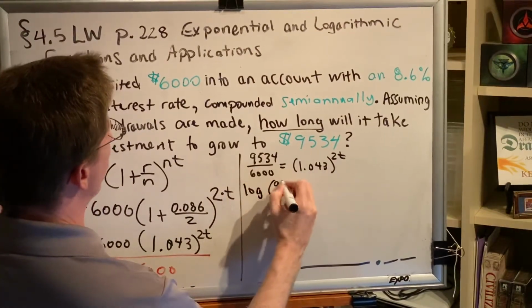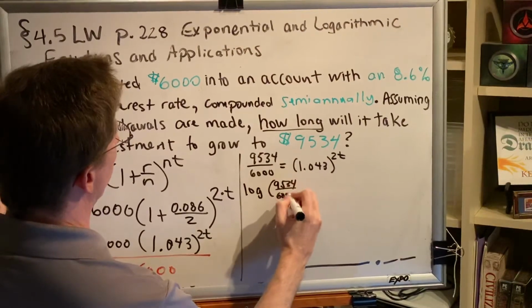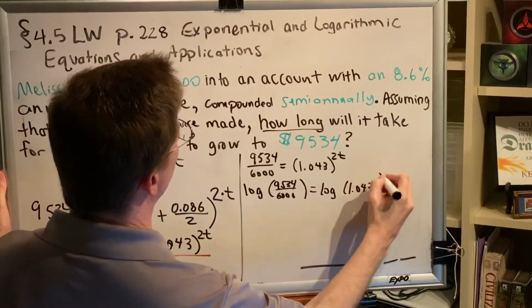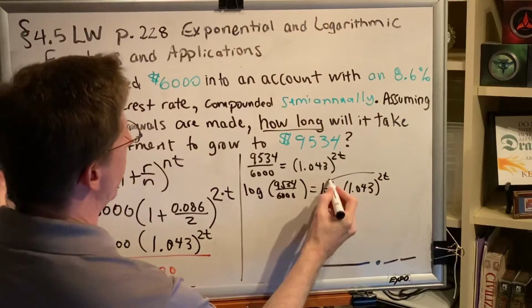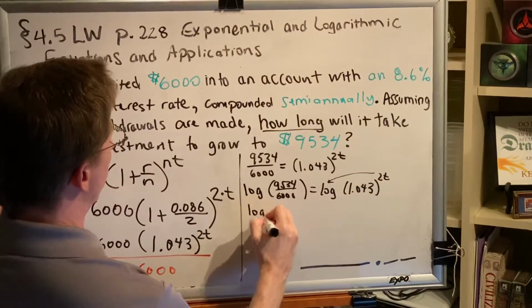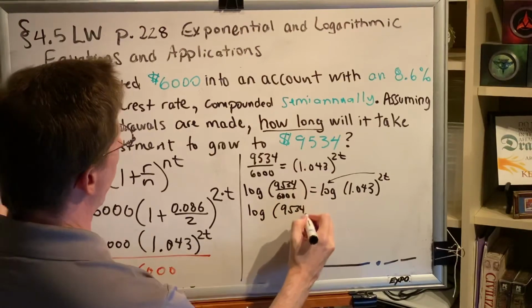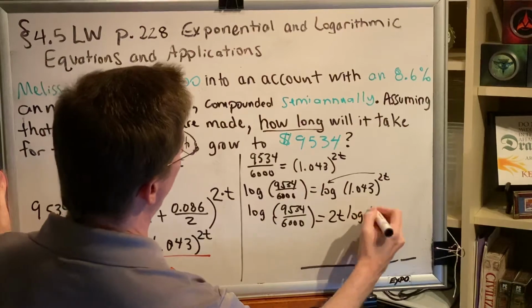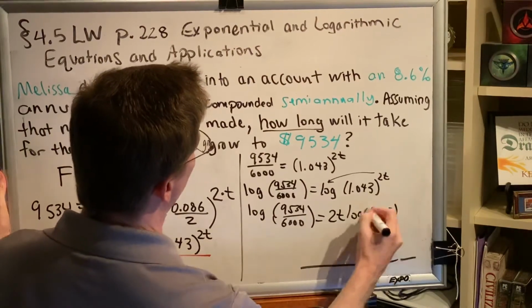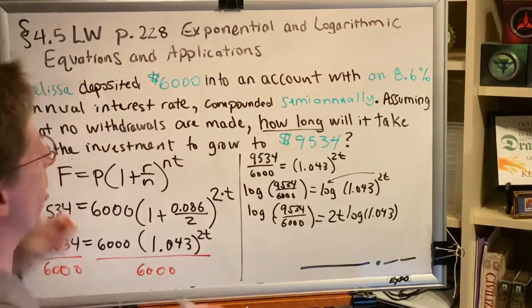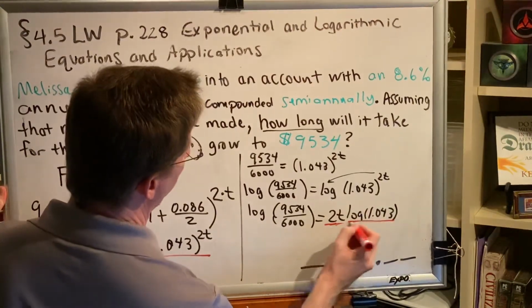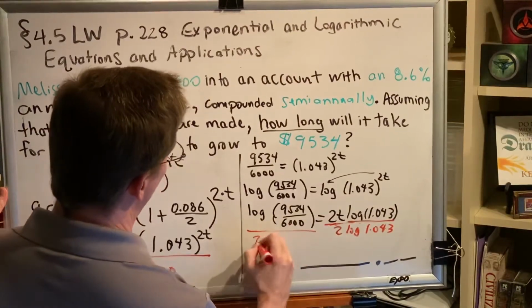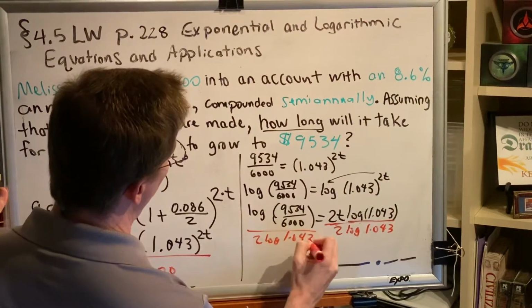So log of this fraction equals log of this exponential. I'm going to use the power property and move the 2t to the front of the log. So log of 9,534 over 6,000 equals 2t times the log of 1.043. And then finally, I'll divide both sides by the multipliers, which are 2 and this log. So 2 log 1.043.